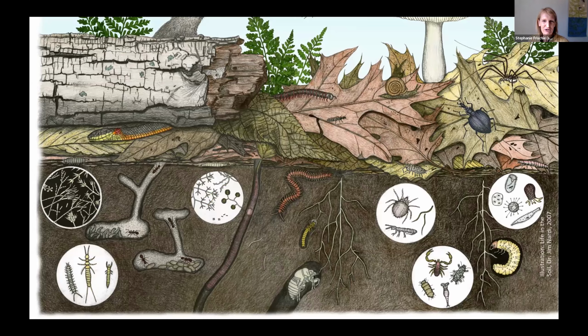I showed this illustration before, but I want to specifically call it out as an ode to Jim Nardi, a retired professor from the University of Illinois, who generously contributed illustrations from his book, The Life in Soil, for us to use as part of our curriculum here. We don't live in soil as humans.